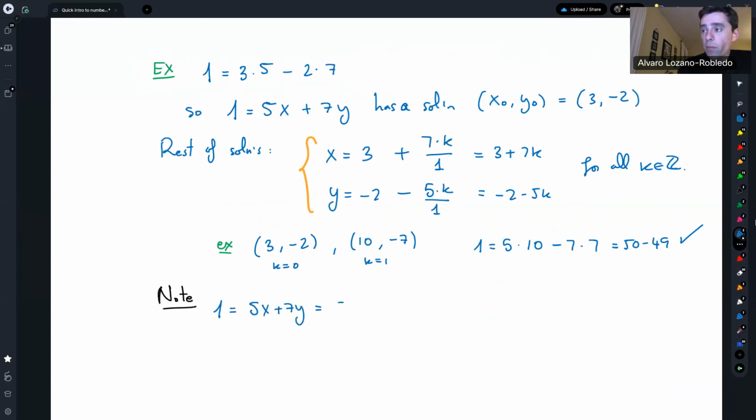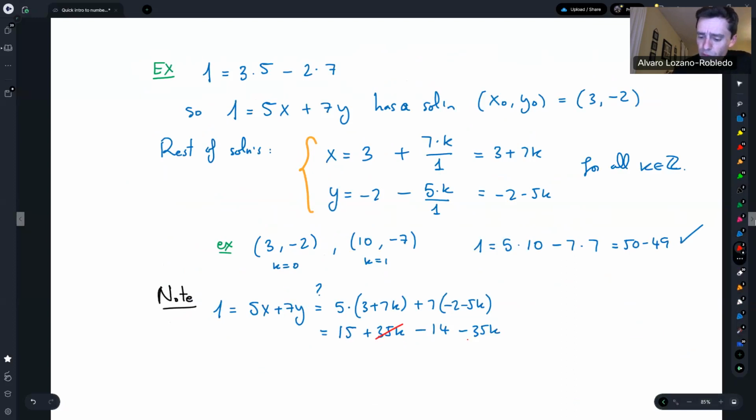So if I plug in, is this really 1? If I plug in for x, 3 plus 7k, and I plug in for y, minus 2 minus 5k, then what I get is 15 plus 35k minus 14 minus 35k. So the 35k and the 35k cancel out, and then all I get is 15 minus 14, which is 1.